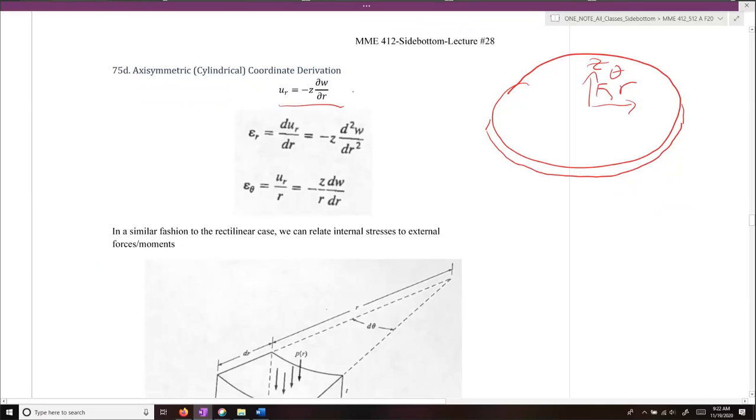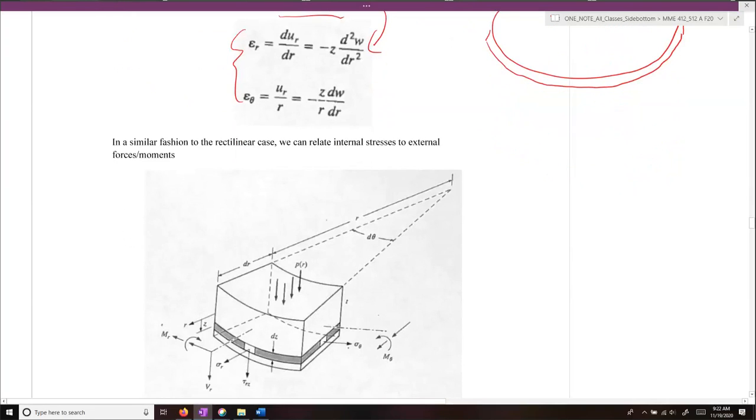Using that definition, we can calculate the strain within the radial and the tangential directions, epsilon r and epsilon theta.